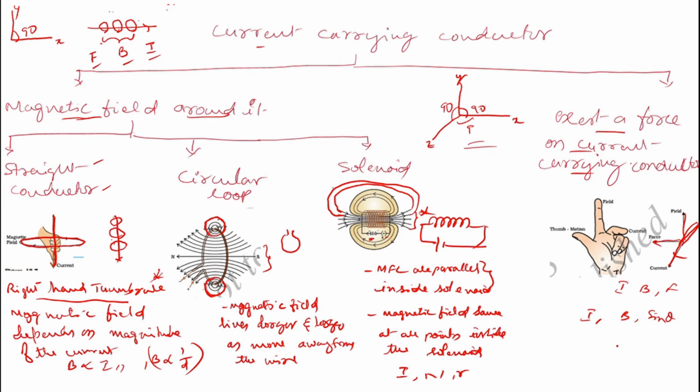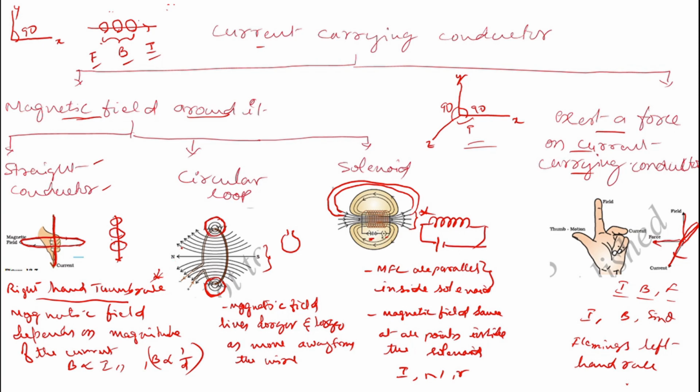He has explained what is called Fleming's left hand rule. Here you see, don't confuse. The force exerted on a current carrying conductor, that means three parameters: current, magnetic field, force. It is given by Fleming's left hand rule. And for a straight conductor, it is the right hand thumb rule. Okay, don't confuse.